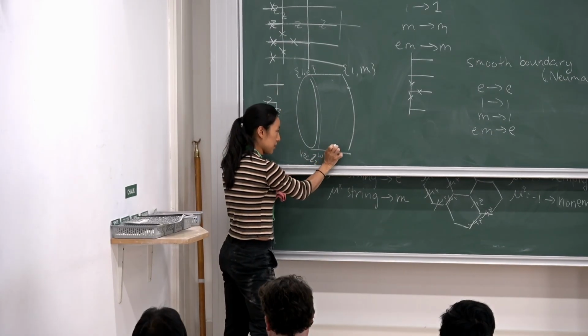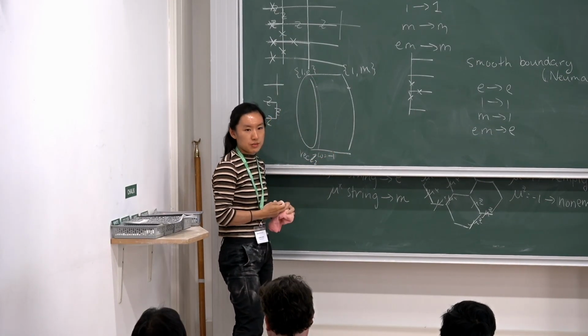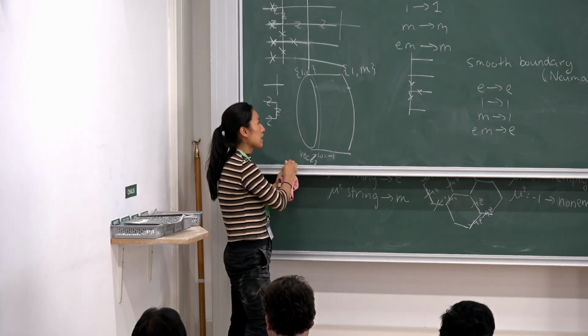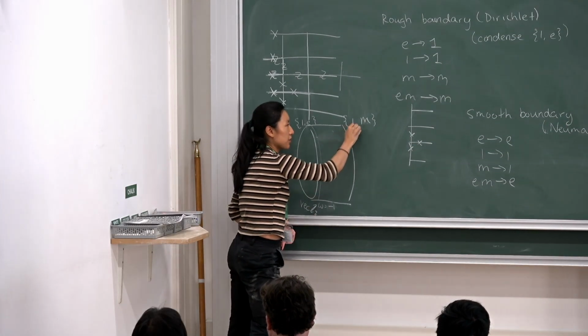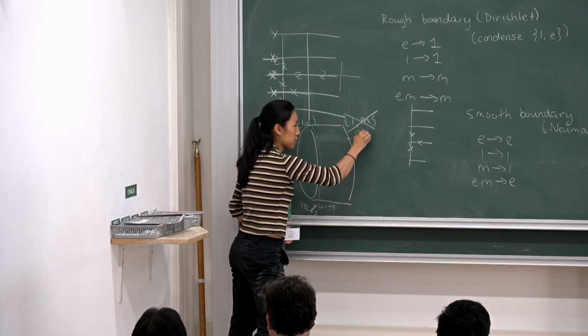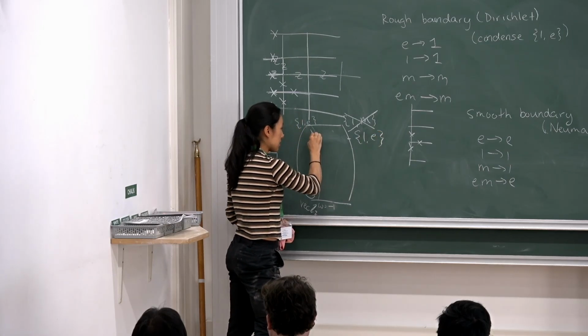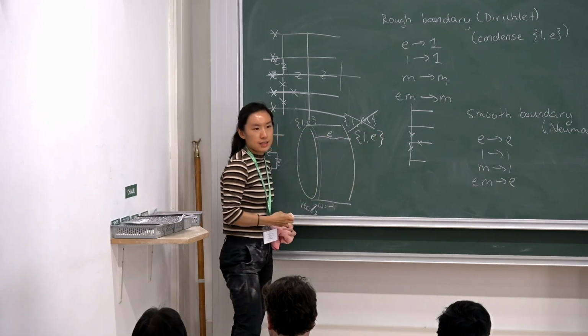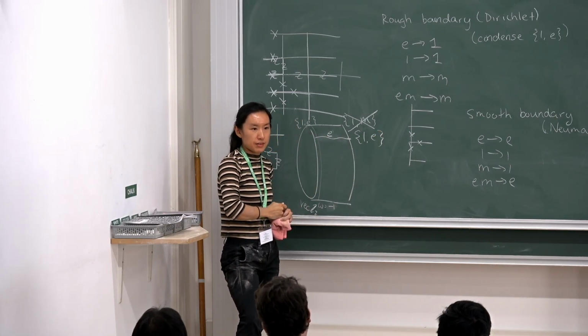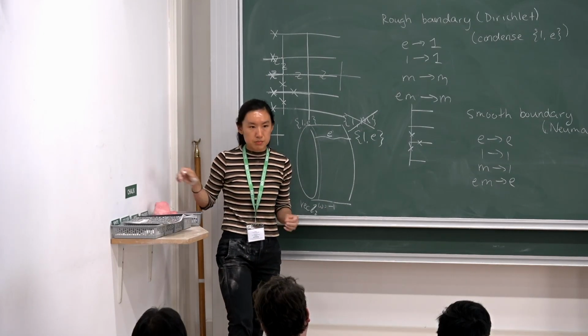And that will give you Vec Z2 with a nontrivial 3 cocycle. And in that case, because this boundary no longer exists, we always have to put the 1 and E here. And so you always have spontaneous symmetry breaking if you have a gapped 1+1D theory.